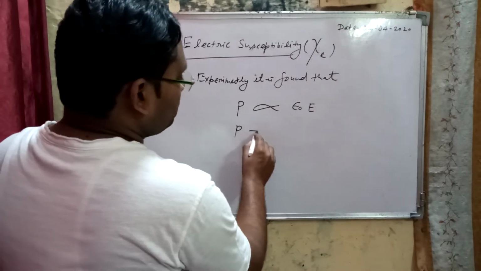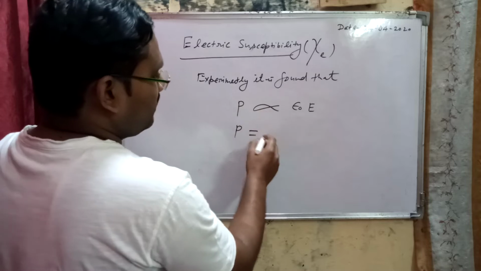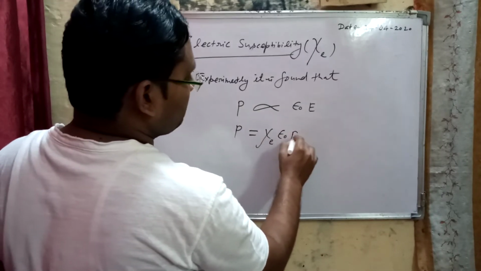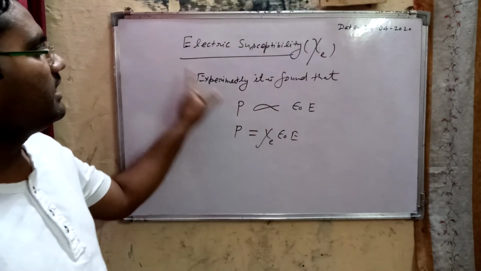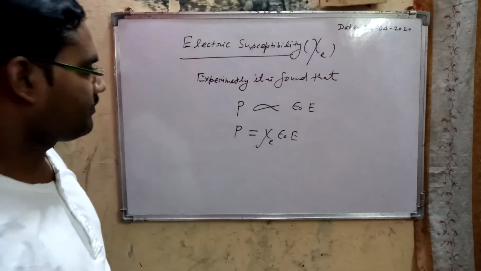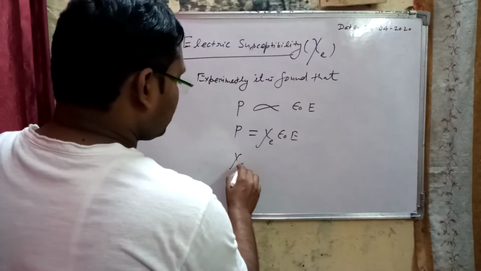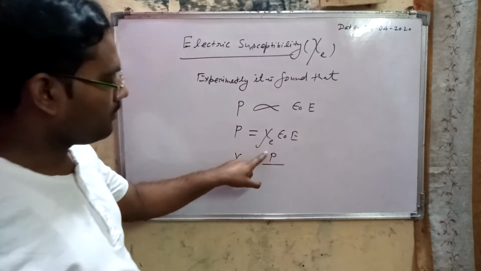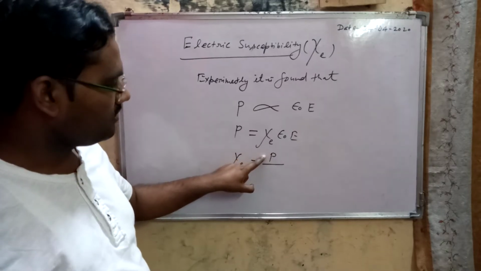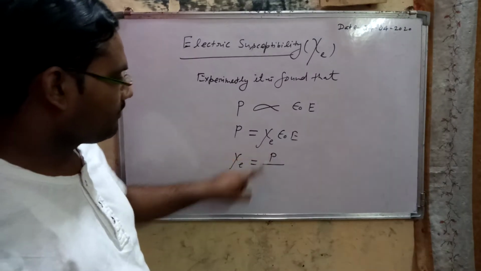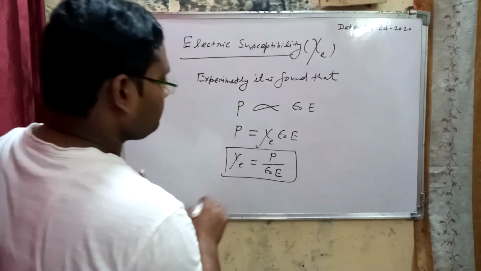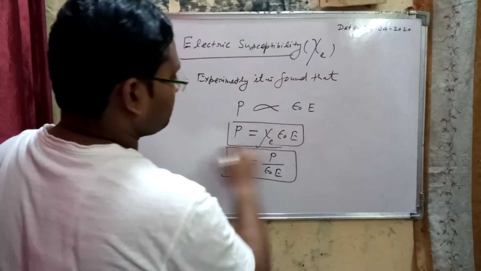Now we remove this proportionality constant and use a constant chi e. This chi e is called electric susceptibility. Here, electric susceptibility is the ratio of the magnitude of the polarization vector and epsilon naught E. There are two relations.